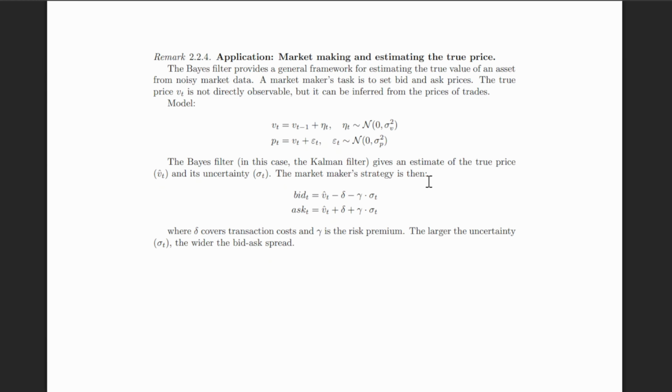The market maker strategy is then to set the bid at time t to this expression and set the ask at time t to this expression, where delta covers the transaction costs and gamma is the risk premium. Notice that the larger the uncertainty, the wider the bid-ask spread is, because the bid-ask spread is 2 times delta plus 2 times gamma times sigma_t.